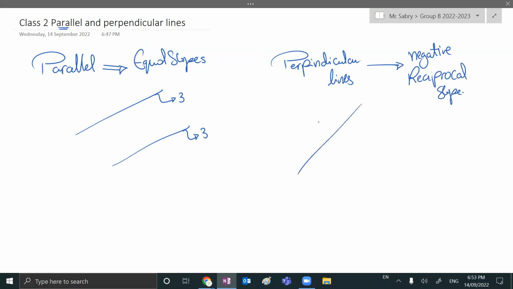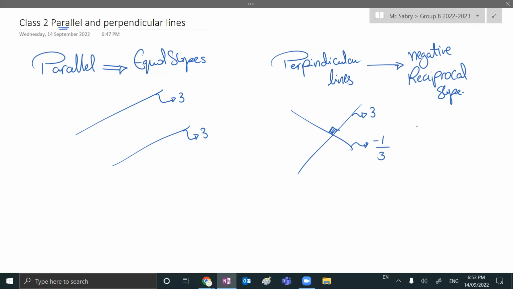It means if I have a line like this one and it has a slope of 3 and another line perpendicular on it this way, this other line will have a slope that is the negative reciprocal, which means you'll flip the 3, make it 1 over 3, and then switch its sign, so negative 1 over 3. So again, what we do is we flip and switch the sign.